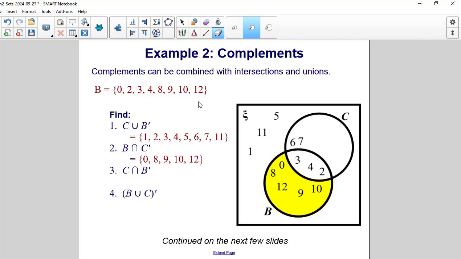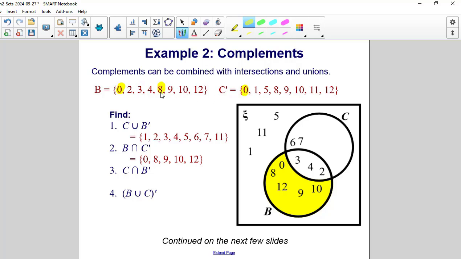The complement of set C would be all the numbers that are not in set C. So that would be 0, 1, 5, 8, 9, 10, 11, and 12. Now next we would look for all of the numbers that are in the intersection, or numbers that they share. So we see that set B and the complement of set C both contain a 0.